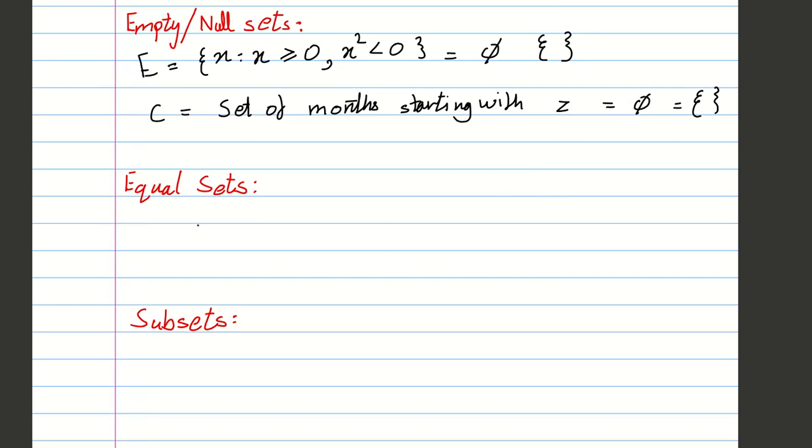Now let's do equal sets with an example. So capital P is equal to x such that x belongs to all positive integers and 5x is less than or equal to 16.